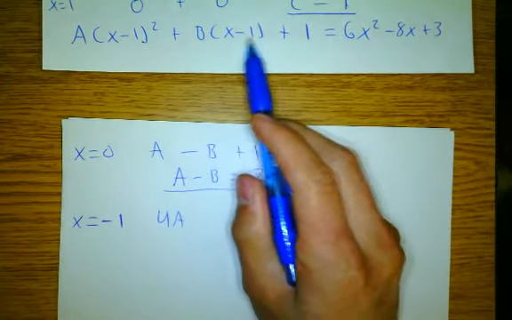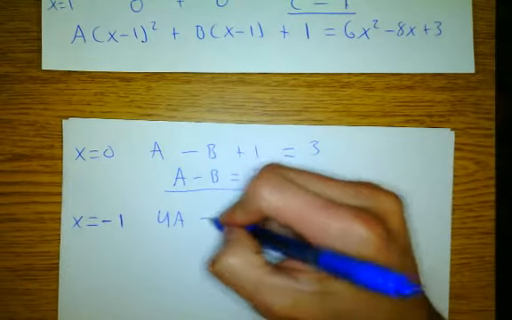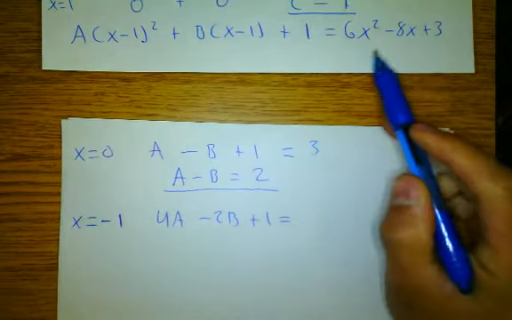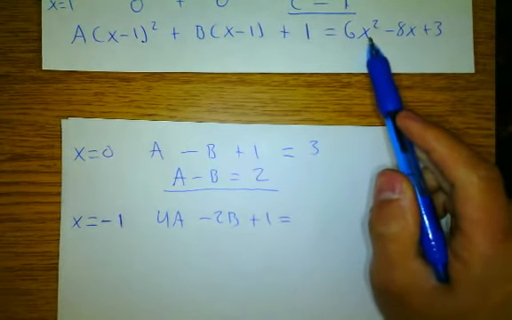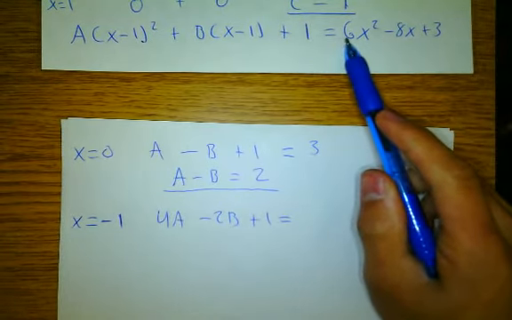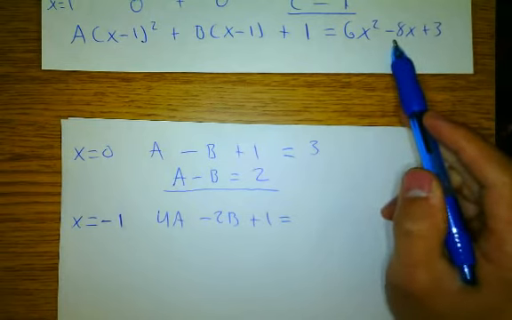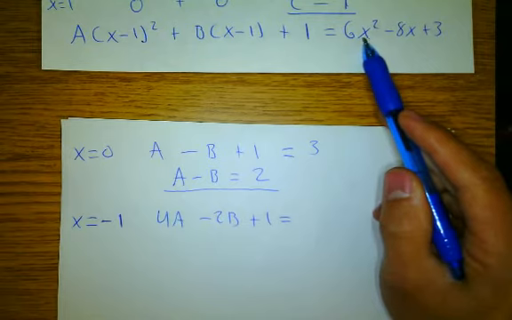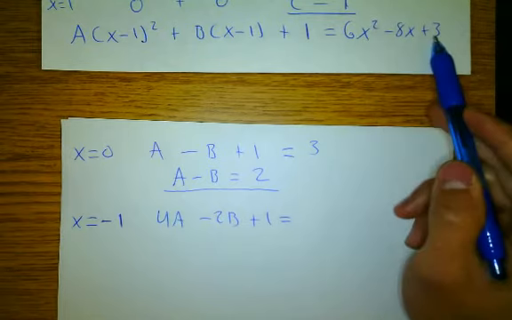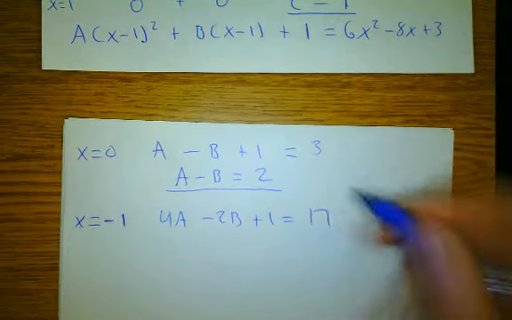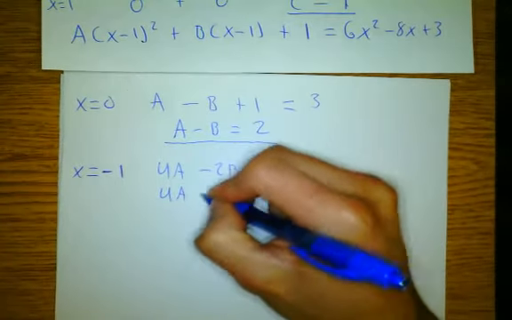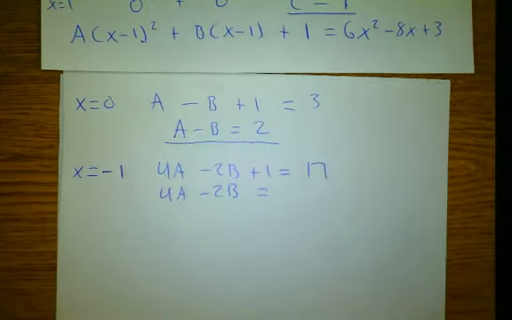Negative 8 times negative 1 is, so plus 8, 14, plus 3, 17. 4A minus 2B would be equal to 16, and I can make this easier by dividing by 2. So 2A minus B equals 8.